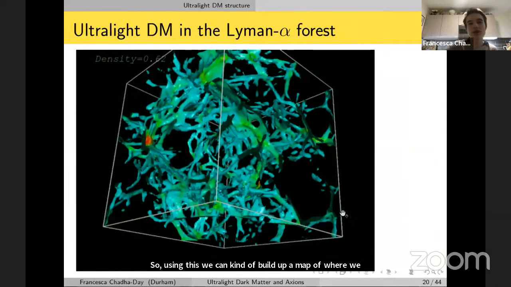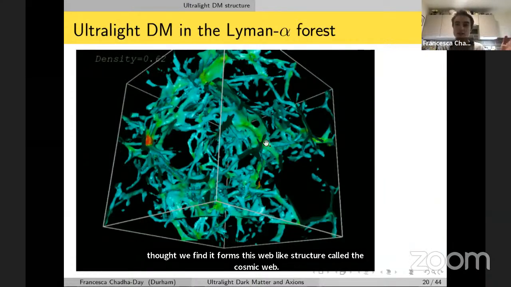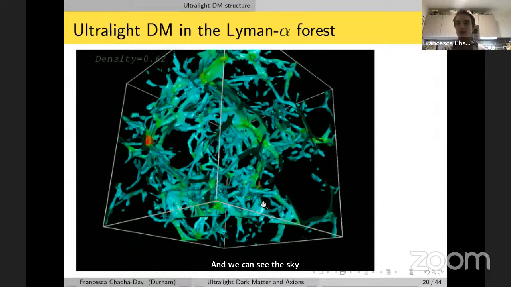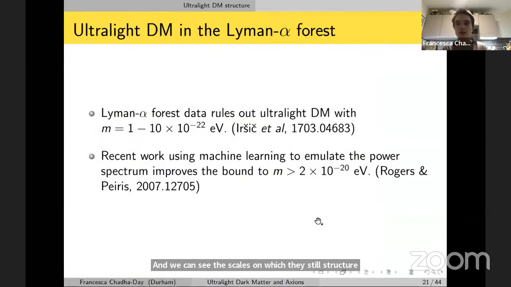And we find it forms this web-like structure called the cosmic web. We can see the scales on which there's still structure here. By seeing which scales have structure in dark matter, we can rule out ultralight dark matter where that structure would be suppressed by the quantum motion of the ultralight dark matter.